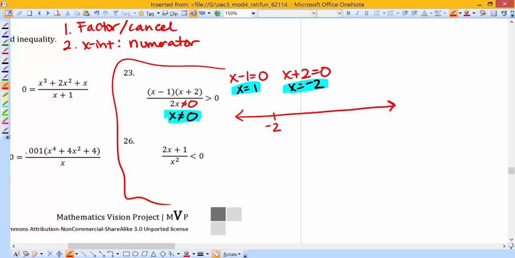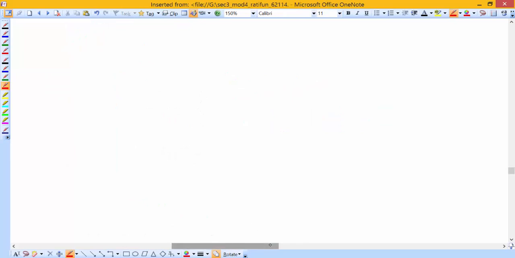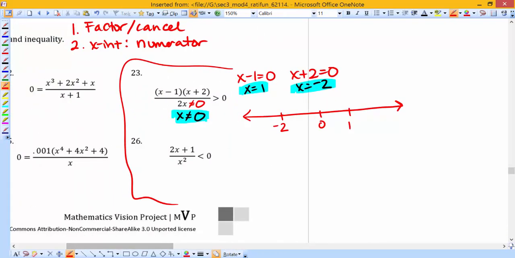Here's negative 2, here's 0, here's 1. The 1 and the negative 2 get an open circle because my inequality is not equal to. So open circle, open circle. The 0 gets an open circle because x cannot be 0, because that would be undefined.